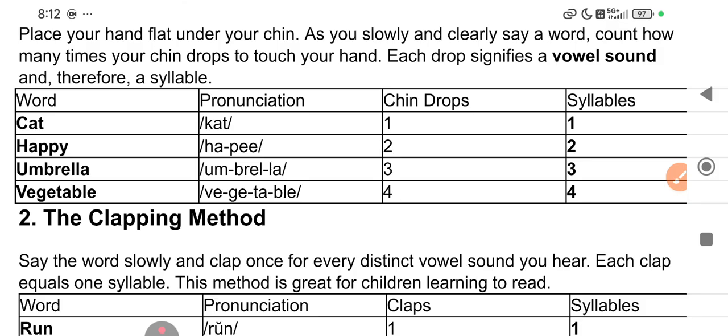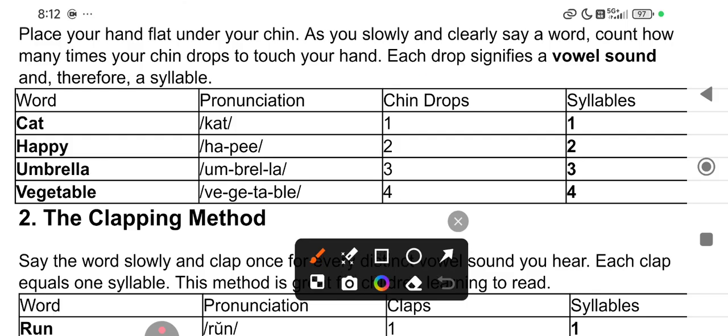Each drop signifies a vowel sound and therefore a syllable.